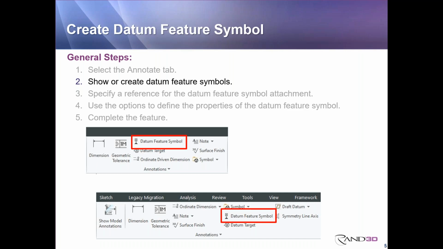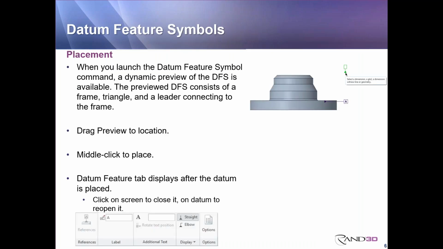If the datum feature symbol is generated in either the model environment or the drawing environment, you will have the capability of specifying a reference for the attachment. There are some property options that you can establish prior to completing the feature. Initially, when you launch the datum feature symbol command, a dynamic preview of the datum feature symbol appears.